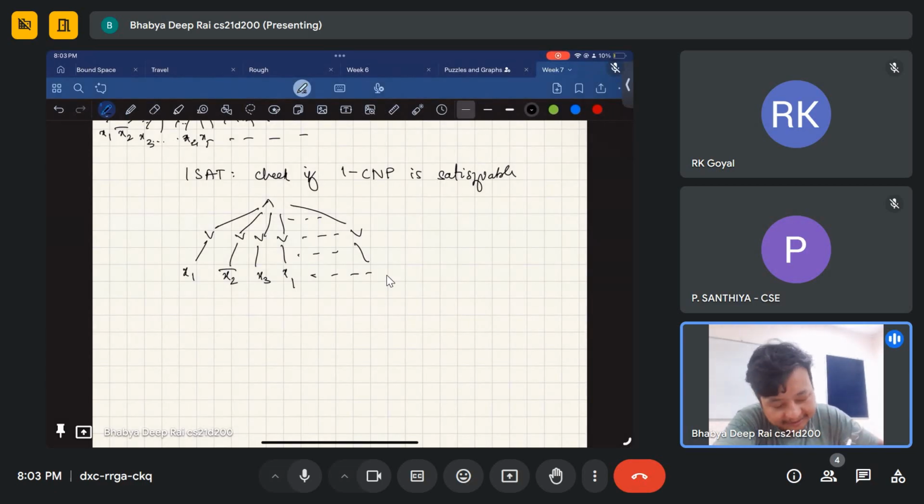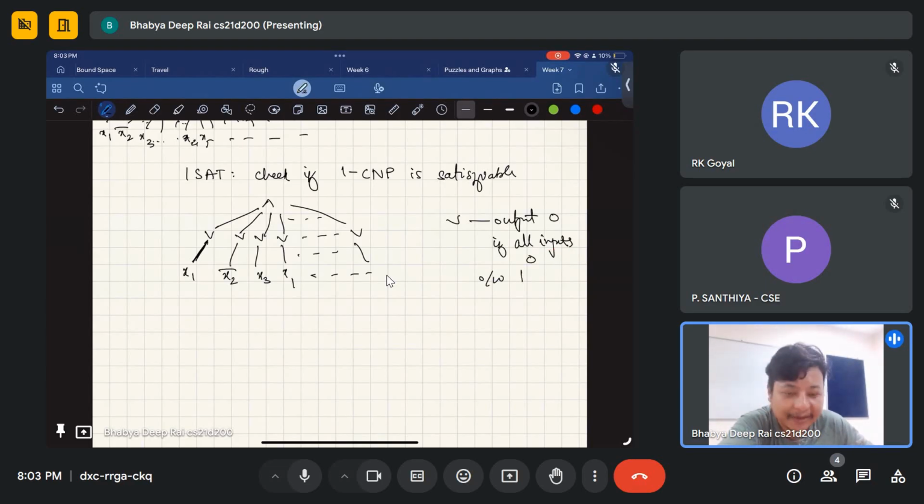But notice that it's feeding into OR just as a single line. So what will OR give? OR will just give whatever the input is giving, right? Because what does OR say? OR will output 0 if all inputs are 0. Otherwise 1. But if OR has a single variable as input, then the only case when all inputs are 0 is when the variable itself is 0.